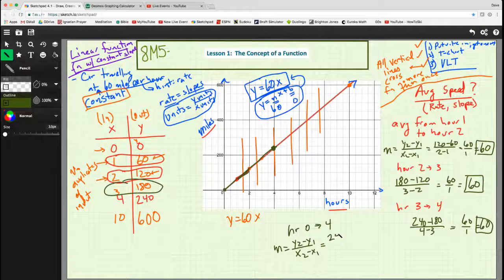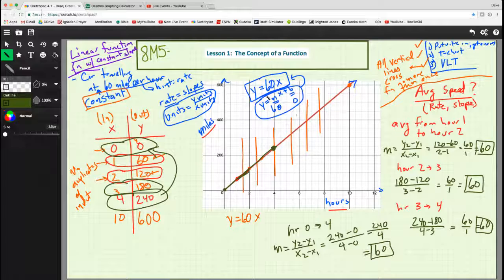And that's 240 from hour 4 minus 0 at hour 0 over 4 minus 0 equals 240 over 4 equals 60.